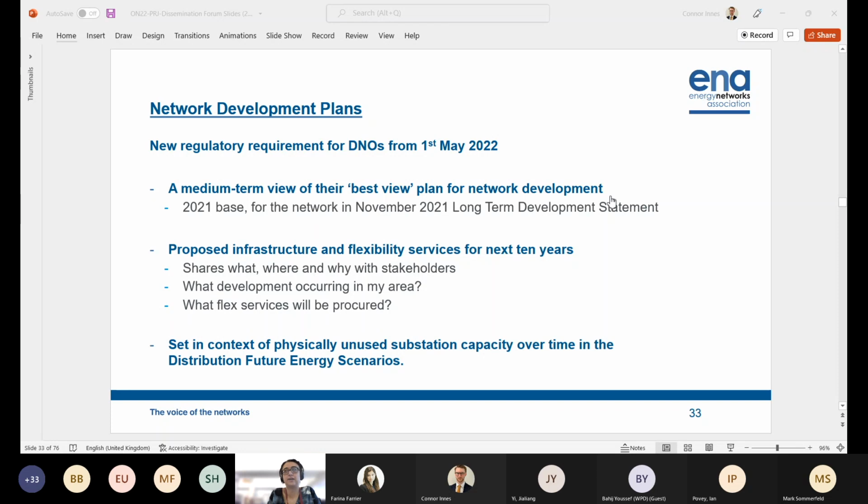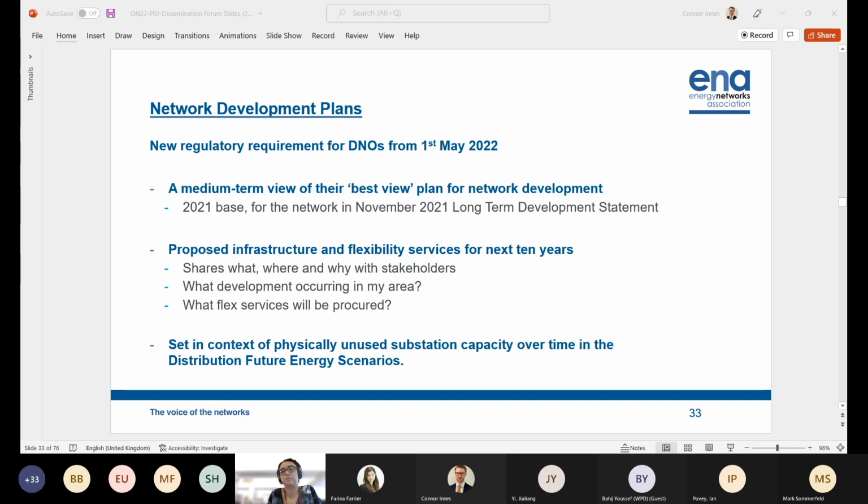And crucially, that's going further ahead than just what's the next tender round, for example, but putting it in that slightly more long-term context. And it's doing that in the context of unused substation capacity. And probably one of the key things to flag is that capacity may be unused in a specific year, but it may still be committed to certain customers through connections applications.